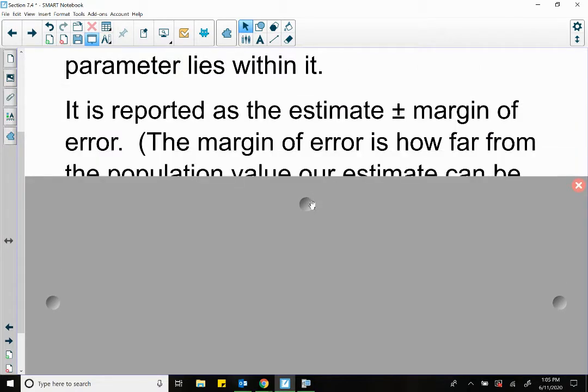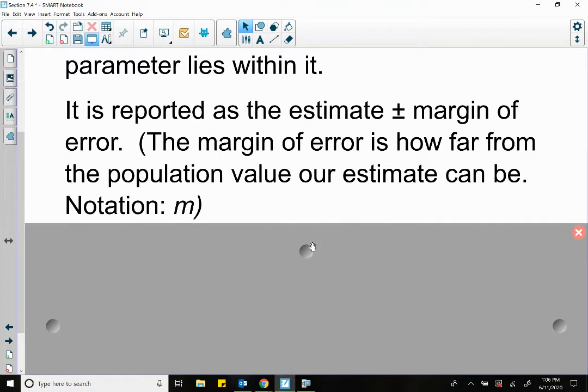So it is reported as the estimate plus or minus what we call the margin of error. Okay? So it is your estimate plus or minus the margin of error. That margin of error is how far from the population value our estimate can be.